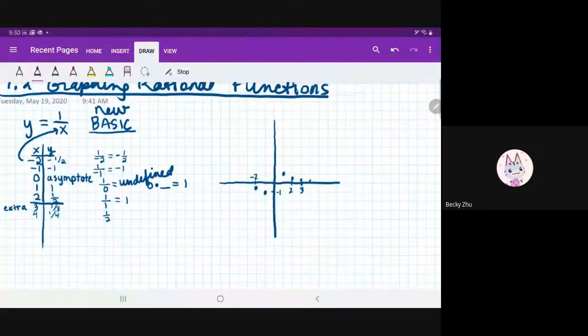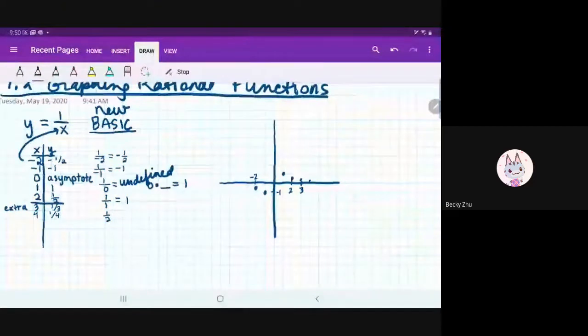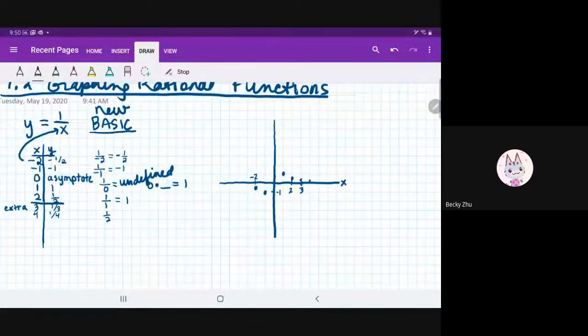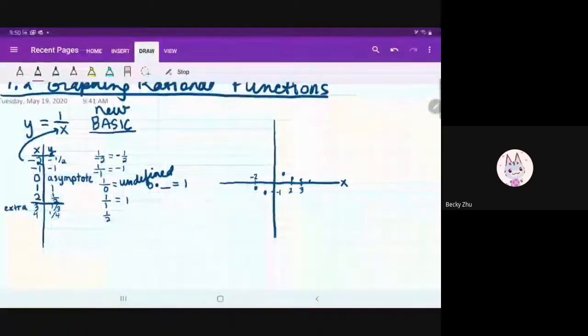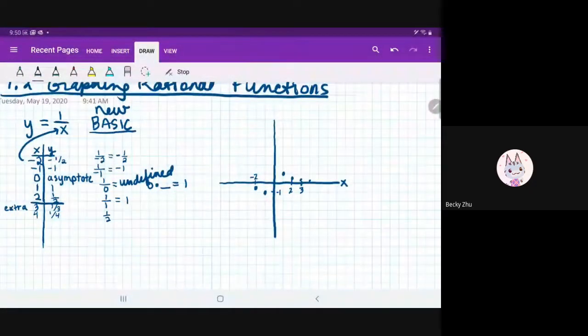So are there any numbers over there that are going to make me go below the x-axis? Am I going to get a negative if I plug in these positive numbers? 4, 5, 6, 7, 8, 9, 10. I'm not. You're right. Am I ever going to get to 0? No, I'm not going to get 0 either.